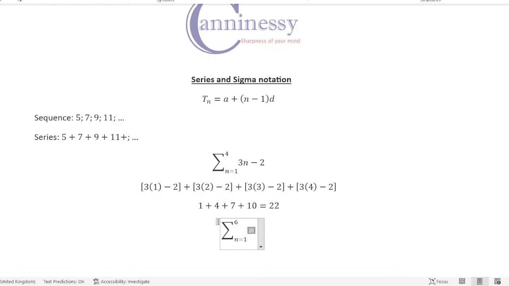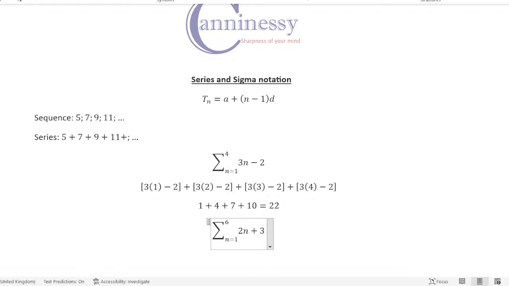Then 2n plus 3, right? So what does this mean?